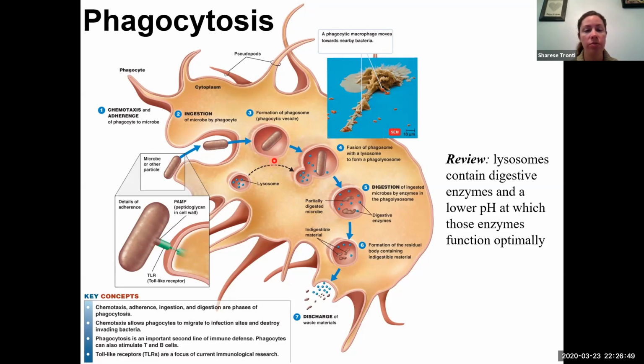The phagosome will fuse with the lysosome. This is going to create the phagolysosome. Inside here, inside the lysosome, remember there are enzymes that will help to digest this microbe. So once they fuse, then in the phagolysosome, that is where we will see the digestion of the microbe. After it has been digested, then it will be discharged as waste.